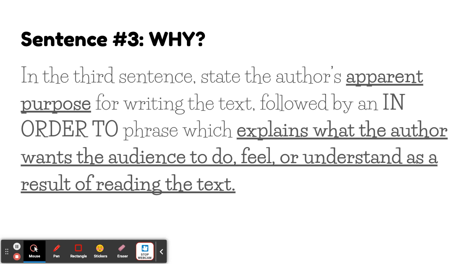So what is the author doing? Are they trying to persuade me that I should change my opinion about something? Are they trying to inform me with articles and data and numbers or statistics? Or are they trying to entertain me with a cool story that does not change my life?